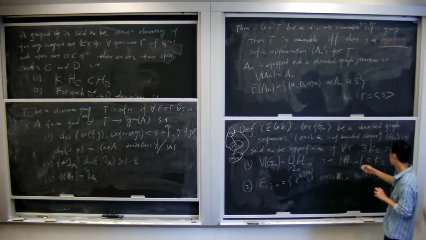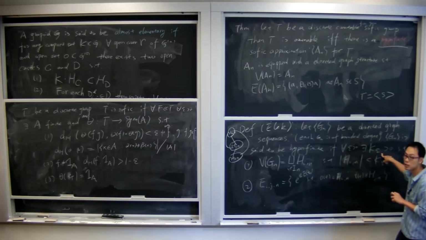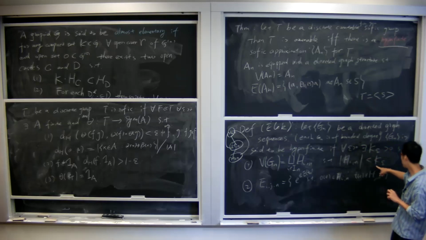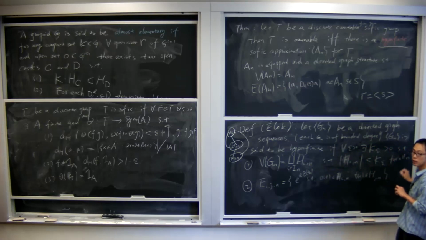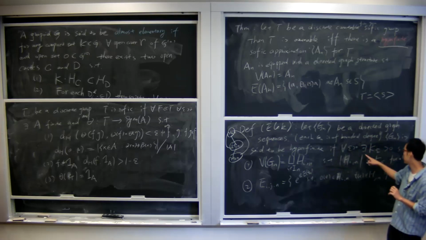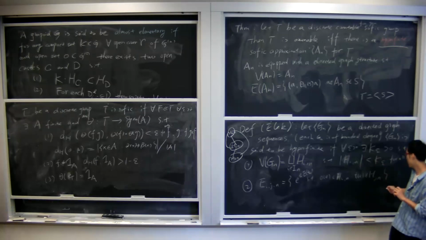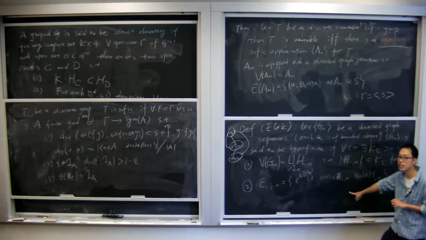Instead of epsilon, there is a number k_epsilon. But there is no epsilon anymore in the body of the statement. So k_epsilon only depends on epsilon, and this condition holds universally for all n. Epsilon is given at the beginning. Oh, because epsilon will appear in the second condition.